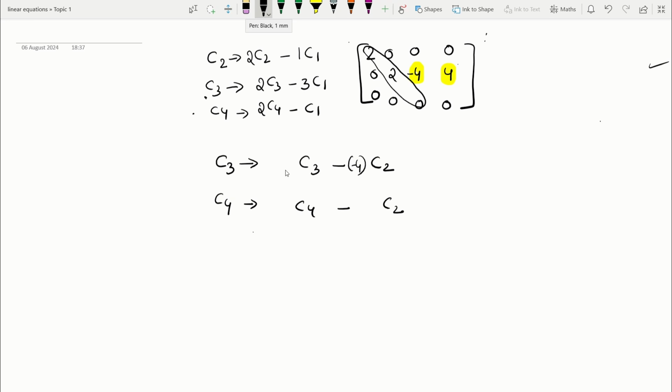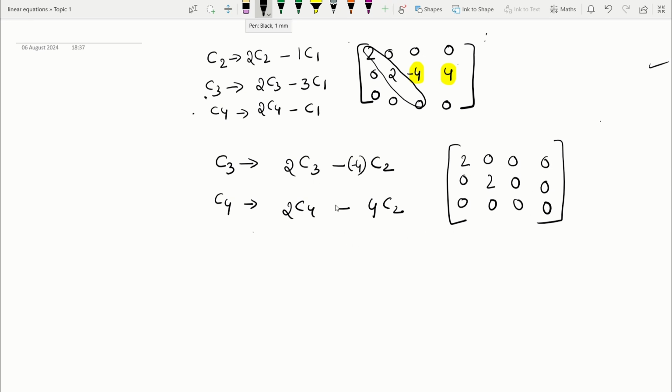Now see. C2, where am I expecting change now? My expectation of change is this place and this place. This is in column 3, this is in column 4. So I need to take help from C2. C3 expecting change, C4 expecting change, so C3 minus C2, C4 minus C2, commonly write down.